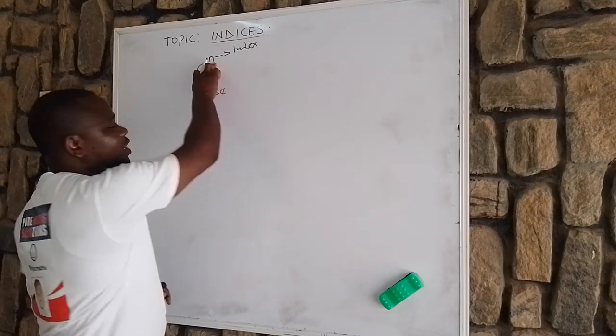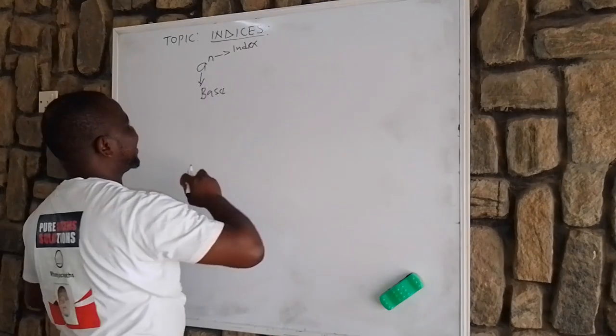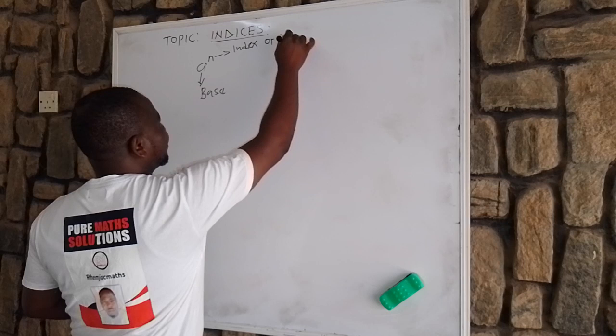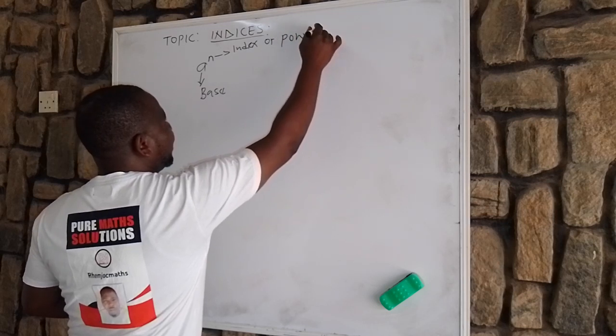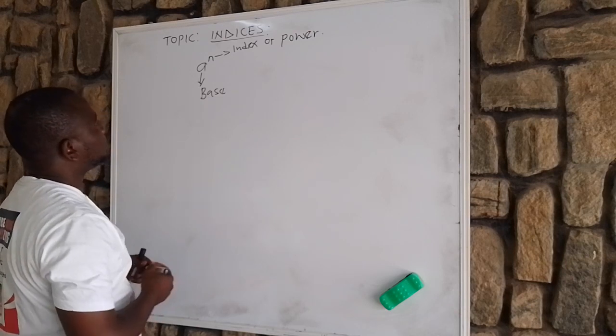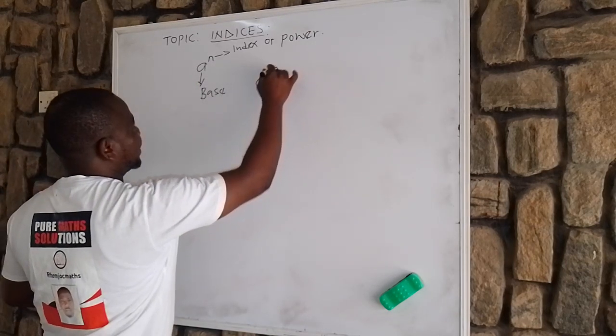But if this is more than one, we refer to it as indices. Or this is also known as power. Are you clear? So we can refer to this as indices.